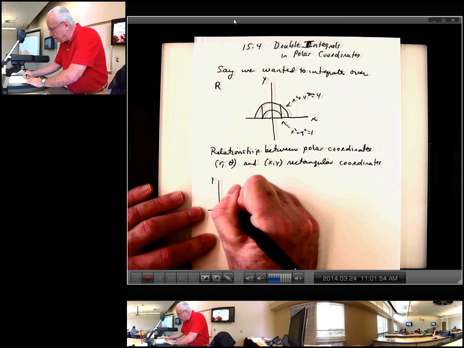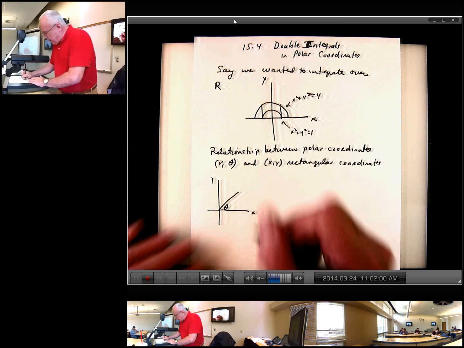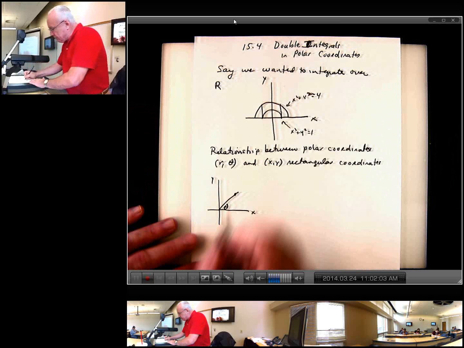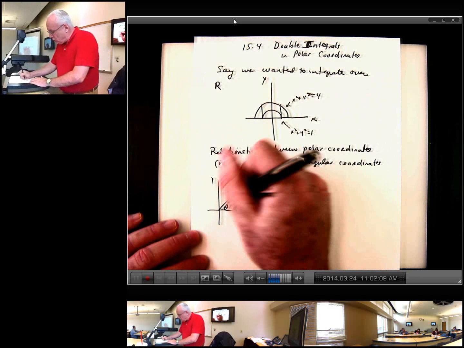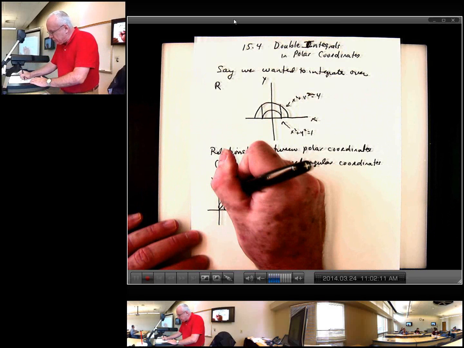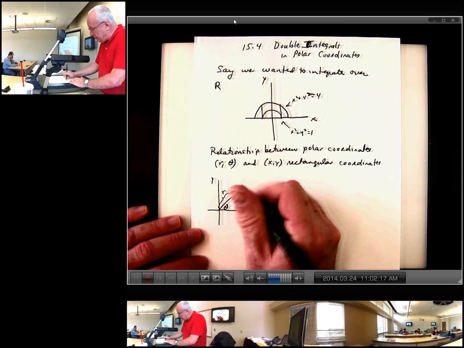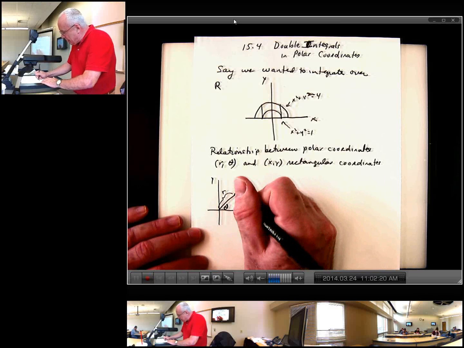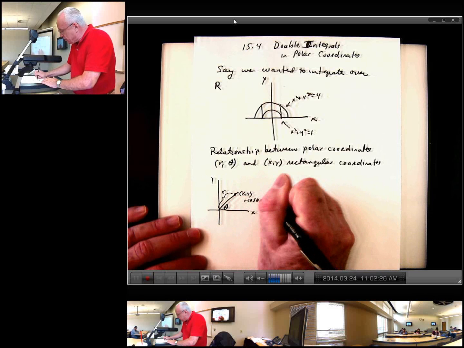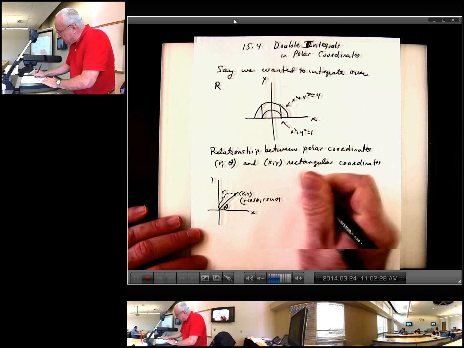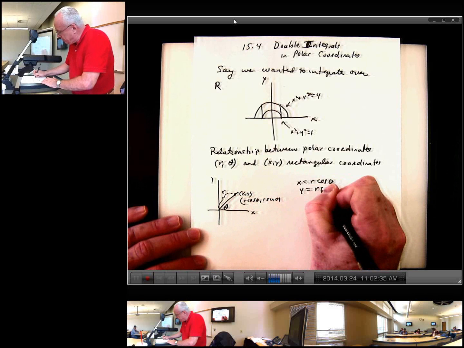Theta, recall, is the angle that's made with the x-axis. If we have a point here, x comma y, first of all, it has a distance from the origin along this line, and that distance is r. Then we can use sine and cosine to represent x and y. So x is equal to r cosine theta, and y is equal to r sine theta.